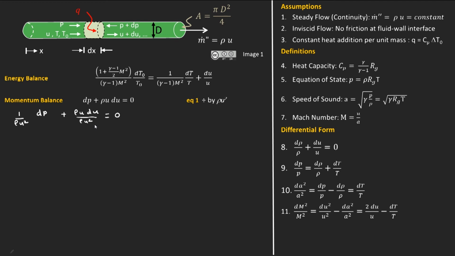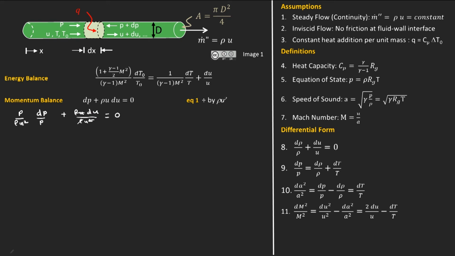Okay, so the next step is, I hope by now, so beaten into our heads that it's obvious. We're missing the p, so let's multiply and divide by p. And once we have, we can also cancel rho u with rho and u. So this is in the right form, du over u.